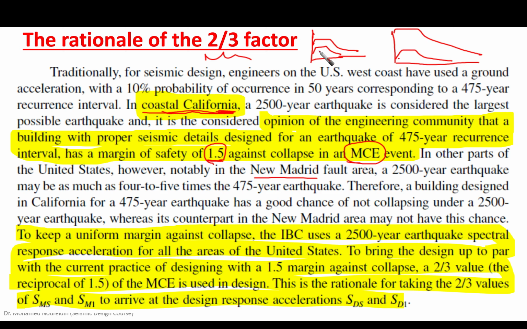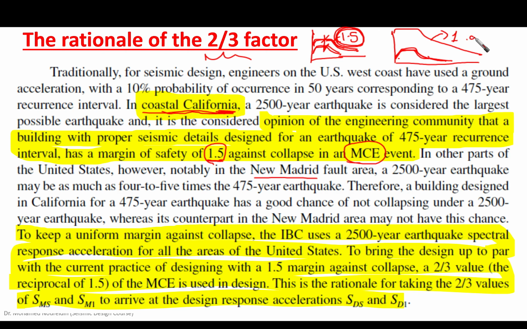What is the difference here? This is California. They found that the difference between the design response spectrum, which is the small one, and the maximum considered response spectrum is small. Then the safety factor here is going to be 1.5. I mean, our structure would have a safety factor of 1.5 if the maximum considered earthquake occurs. But in New Madrid, they found that if we design to this design response spectrum, the safety factor when a maximum considered earthquake occurs will not even reach 1.